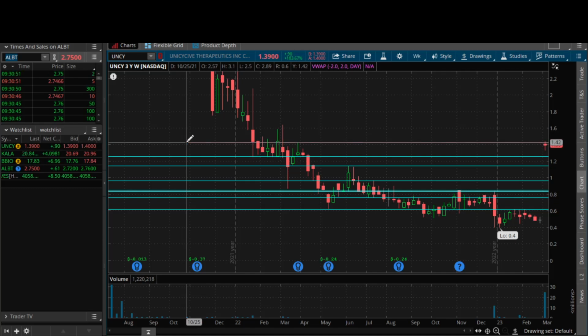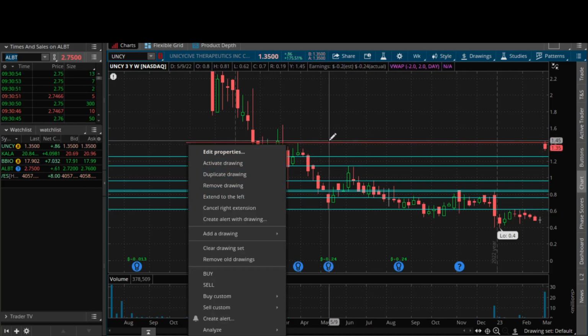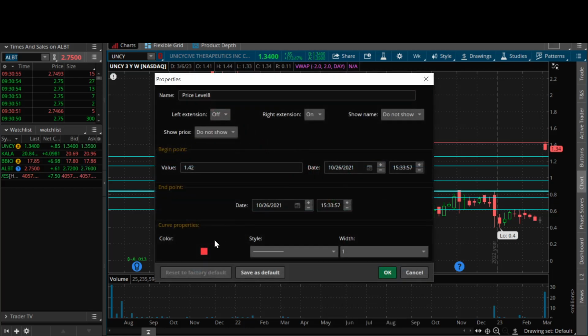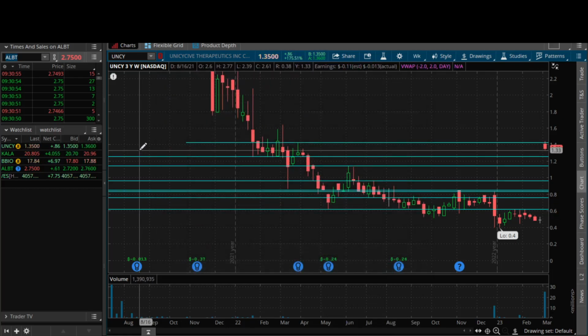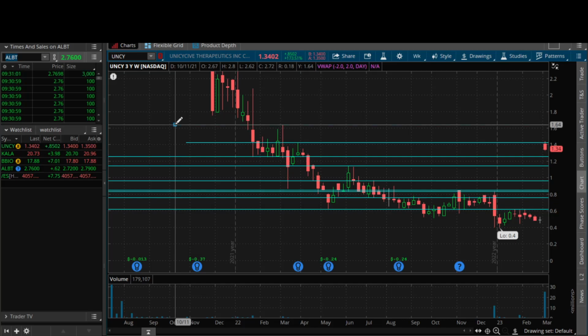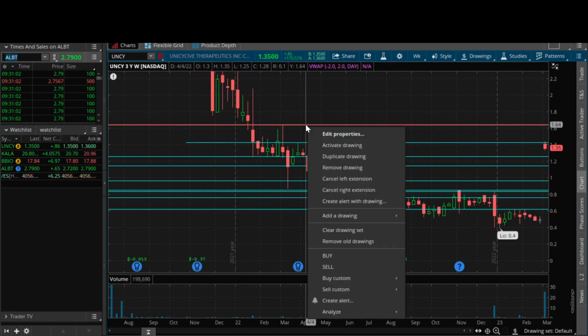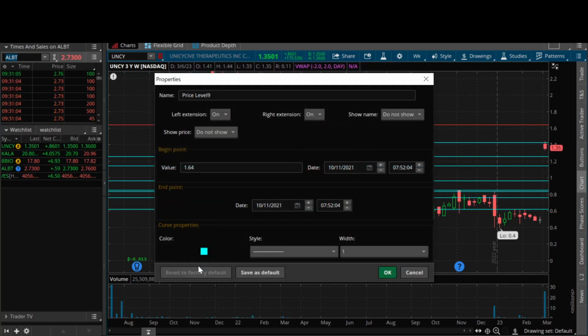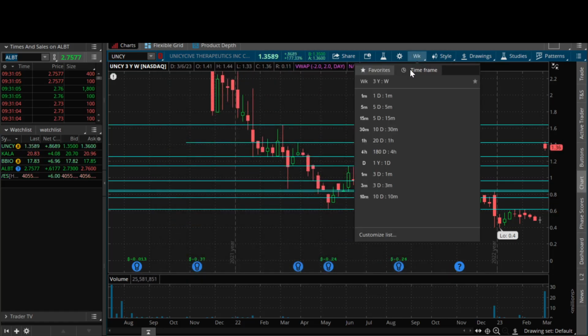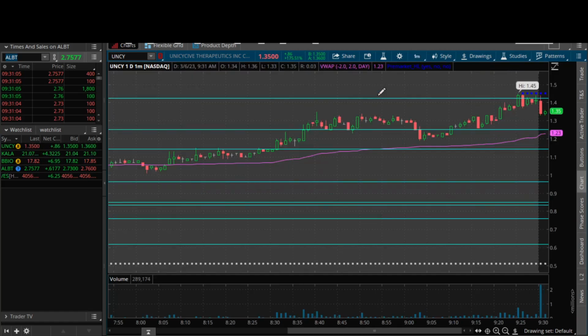One second. I need to update my levels on this thing, since it's going on some pretty nice moves here. And we got that high right there. And boom. All right, so yeah, we're pulling back off some weekly resistance right here.